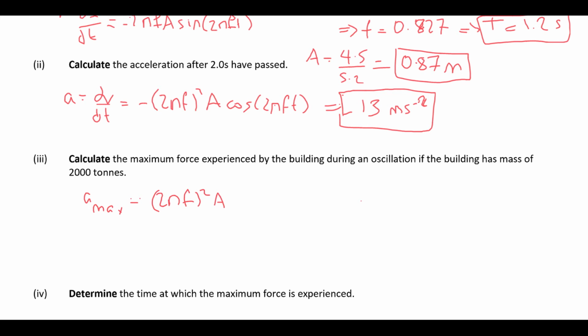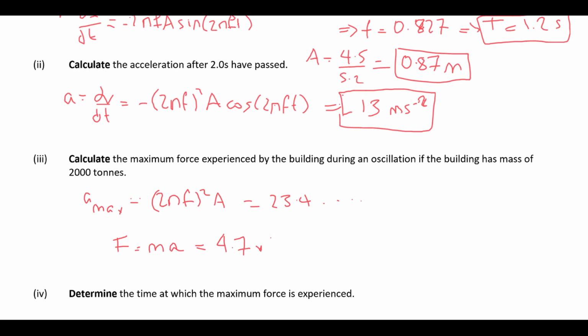So 2 pi f is 5.2, so that's 5.2 squared times 0.87, which is 23.4, etc. F equals ma, so we need to multiply that by 2,000 times another 1,000 to convert tons to kilograms, which gives you 4.7 times 10 to the 7 newtons.